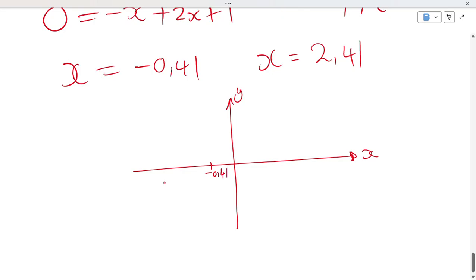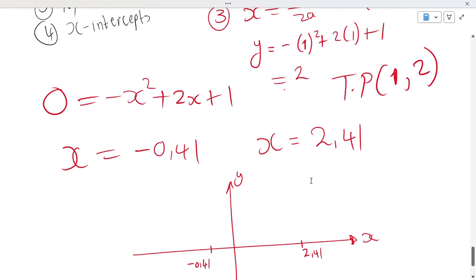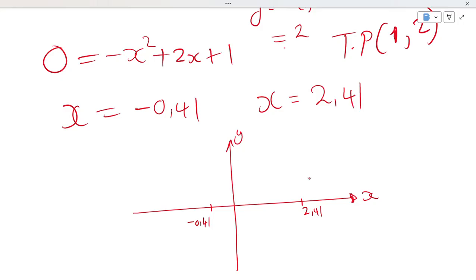One is at, let's say, 2.41, like that. And what else? We also have our turning point, which is 1 and 2. So x is at 1. Let's say this is at 1. And then y is at 2.